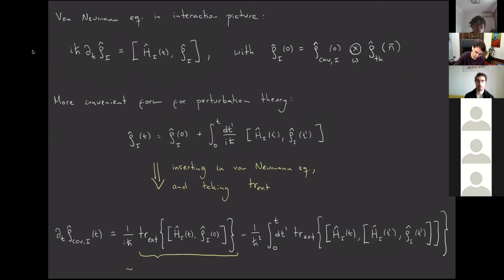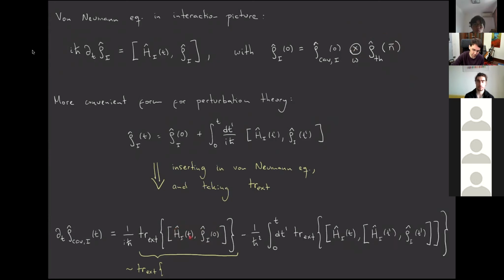So the idea is the following. So let's just see what's inside of this partial trace. So we have here what? We have the interaction Hamiltonian multiplied by the density operator at time 0. But the density operator at time 0 for the external field is just the thermal state, right?